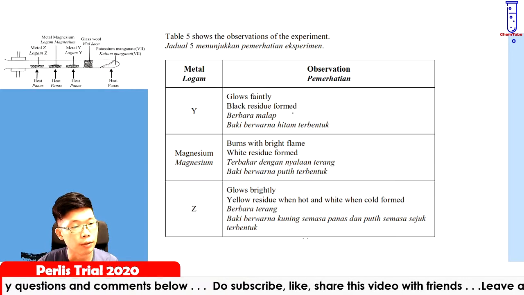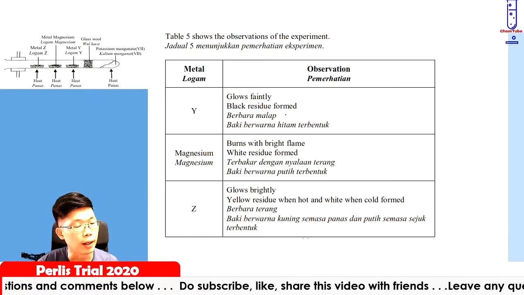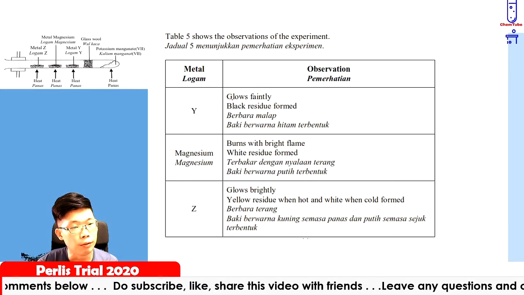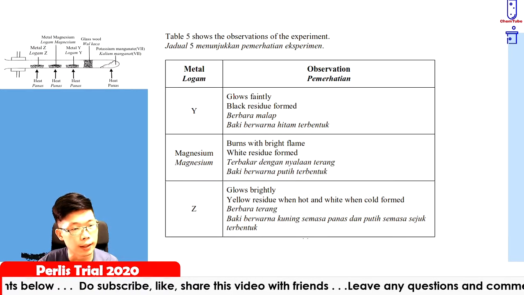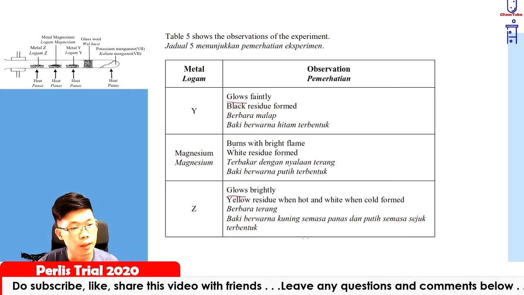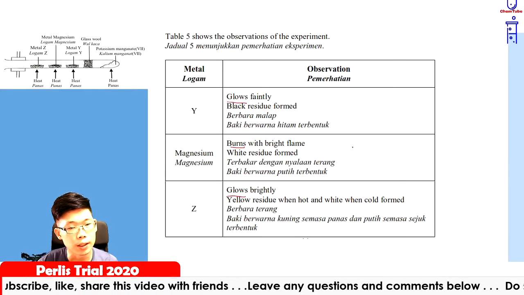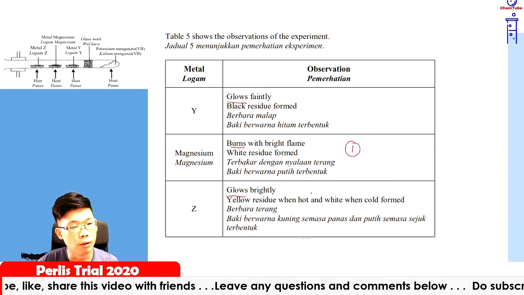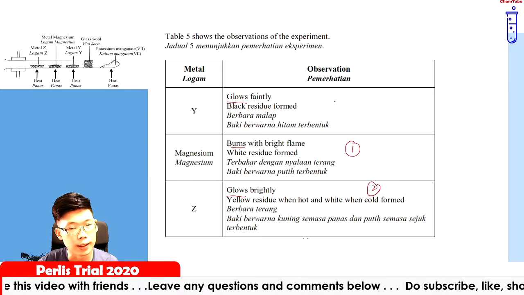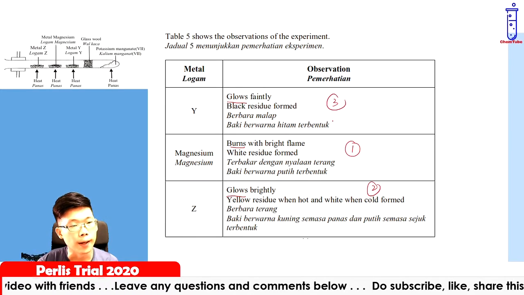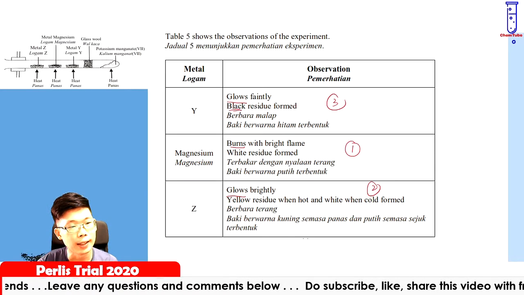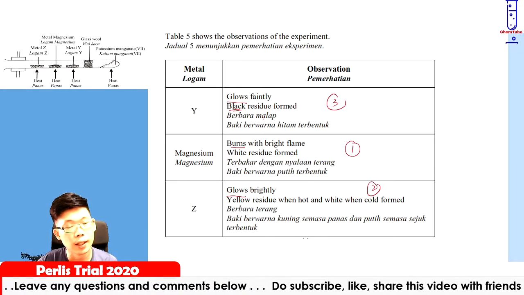From here there is some very popular information. If it glows, it means less reactive. Burns means more reactive. In other words, magnesium is the most reactive, followed by Z. Finally, the least reactive will be Y.